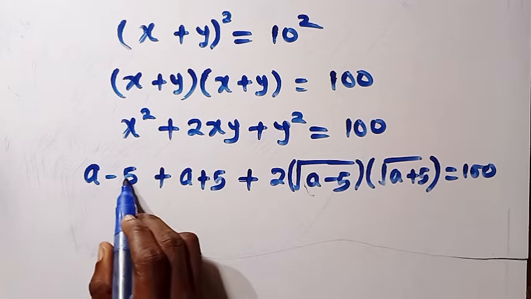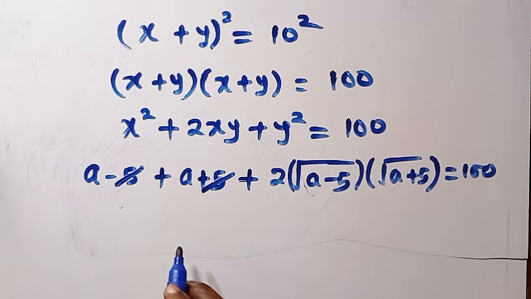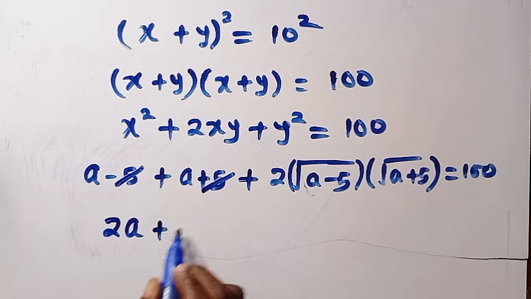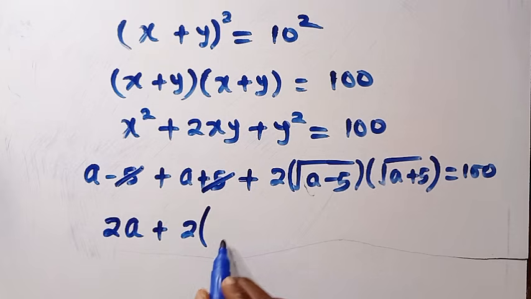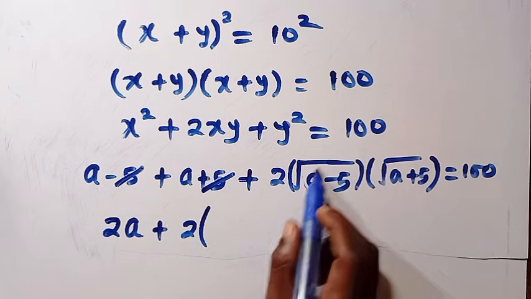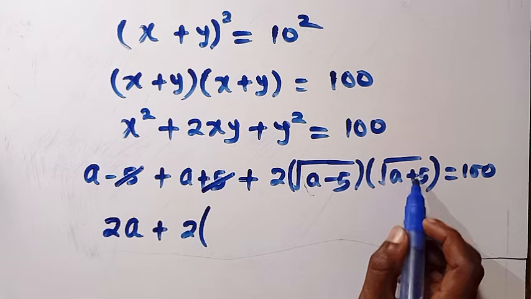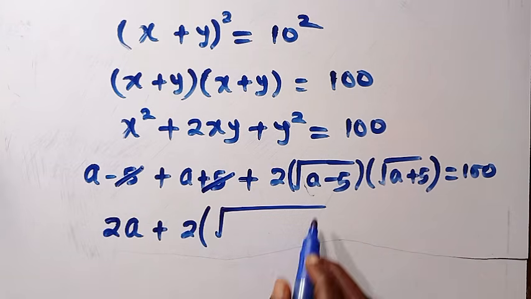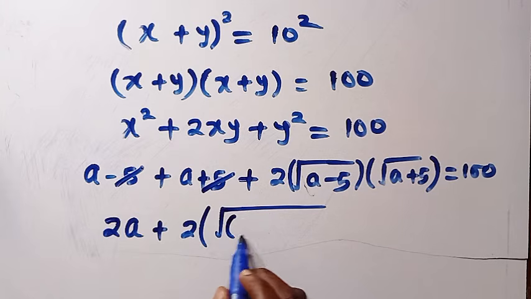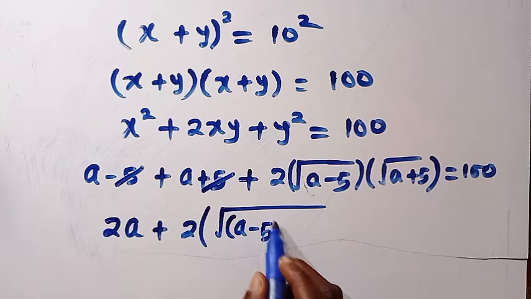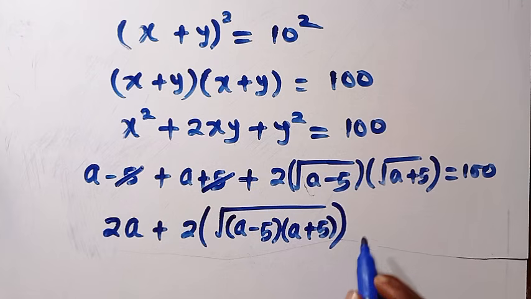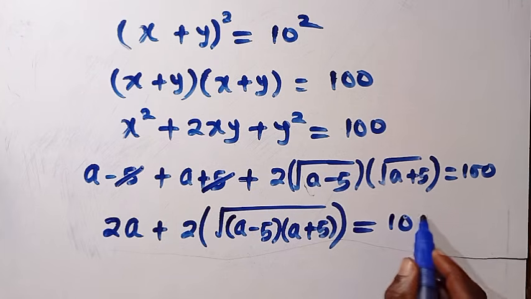If you have minus 5 cancelled by plus 5, this gives us 2a plus 2 open bracket, we have the square root of a minus 5 and the square root of a plus 5. If I take only one square root, I'm going to multiply this together, which is a minus 5 multiplied by a plus 5, and all in bracket equals 100.